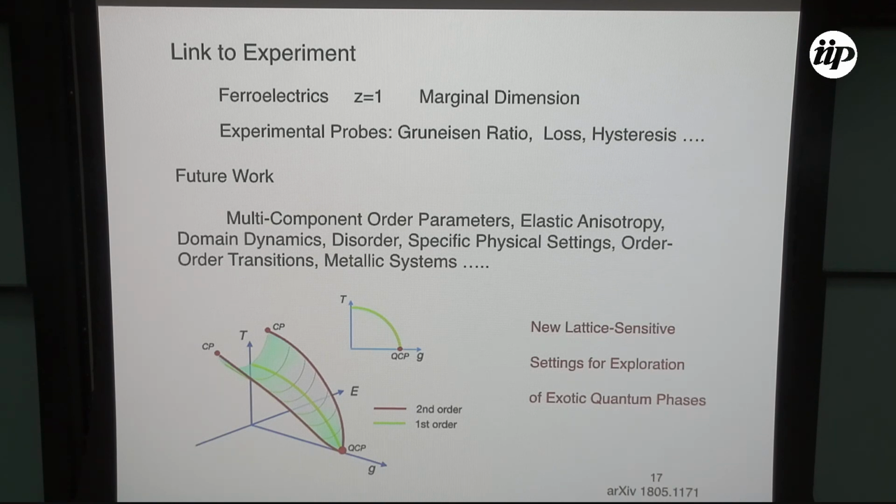And in particular, one of the reasons that we're very excited about these possibilities in these compressible materials is they provide new lattice-sensitive settings for the exploration of exotic quantum phases in both magnetic and in ferroelectric systems, where broad temperature ranges can be accessed with reasonable pressures.